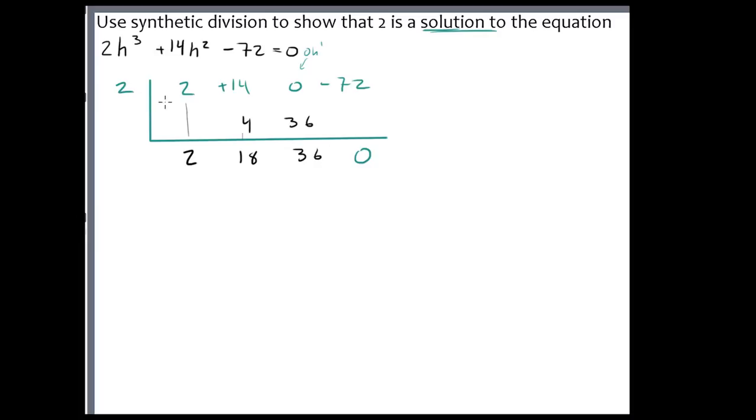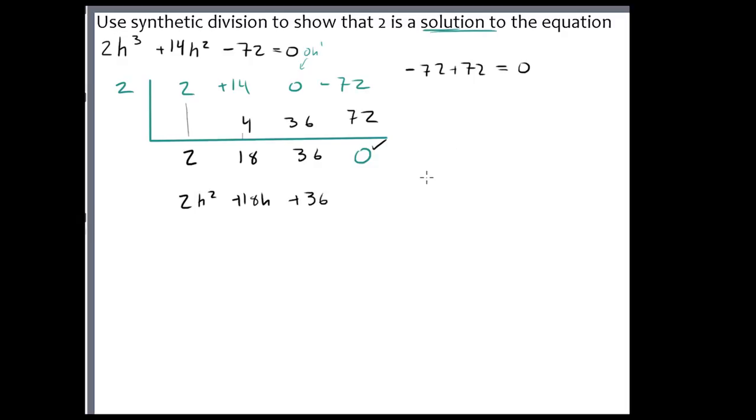And we're going to take 2 and multiply 36 by it, and we'll get 72. A negative 72 plus a positive 72 is equal to 0, so this checks out. Great. And that means that our quotient is 2h squared plus 18h plus 36.